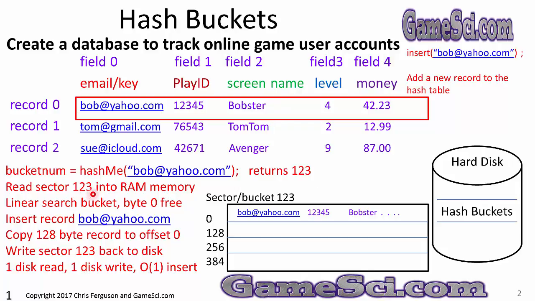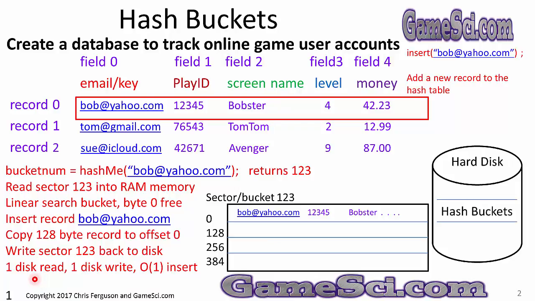So we read sector 123 into RAM memory, and this is sector 123 read into RAM memory right here. We'll linear search the bucket and right away find that byte offset 0 in the sector is free. We're going to copy the 128 byte record for Bob to offset 0 of that bucket. We'll then write sector 123 back to disk.